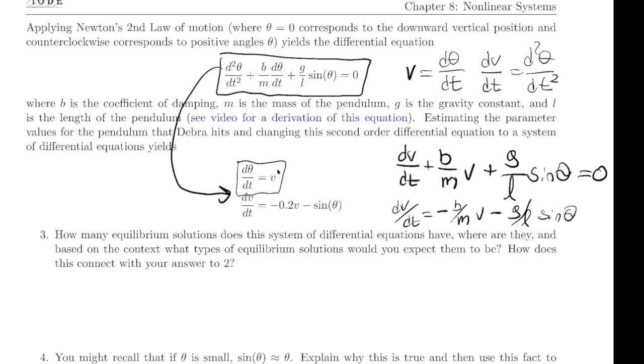So we're going to take a look at this system for certain values of B and M and the length of the pendulum, but that's where these coefficients come in. So let's think about this system over here, which again is exactly connected to the previous graph and equilibrium that we were looking at. Any questions?